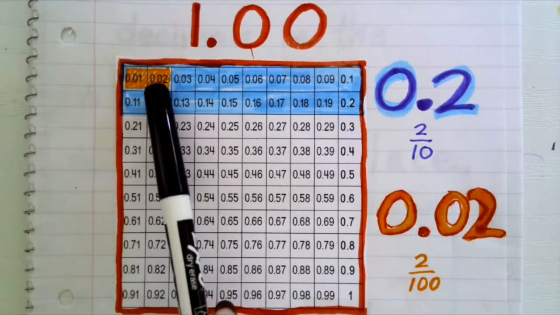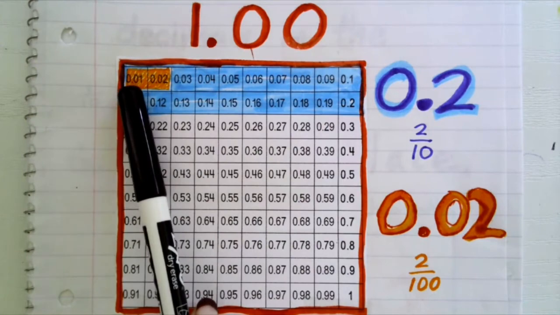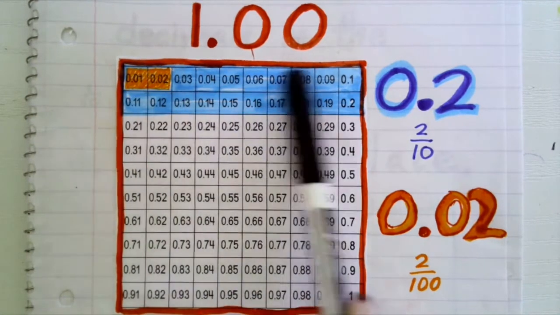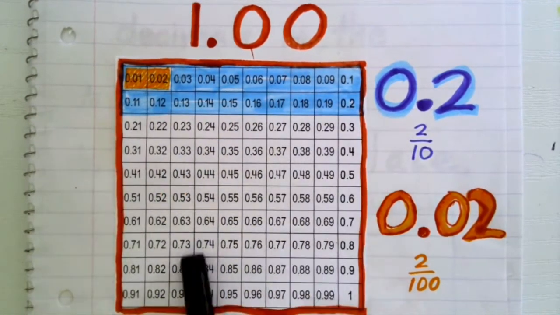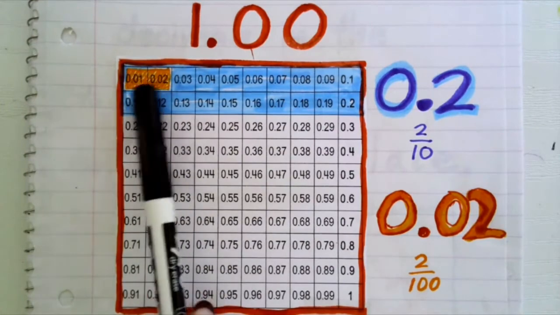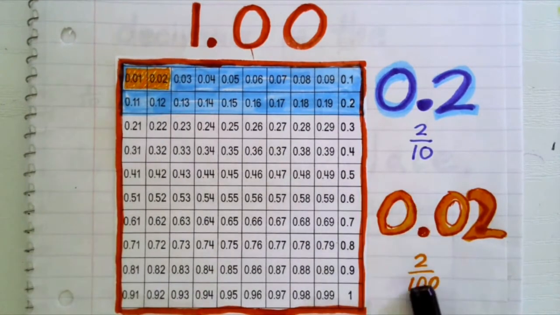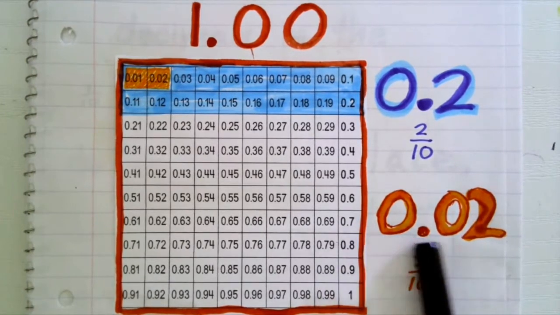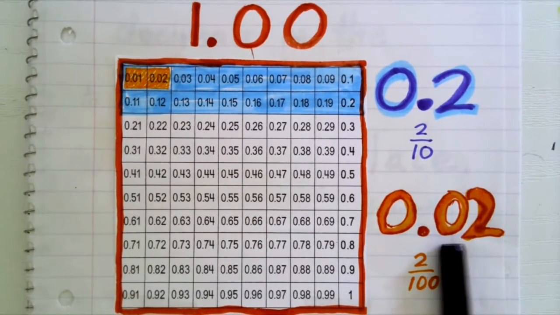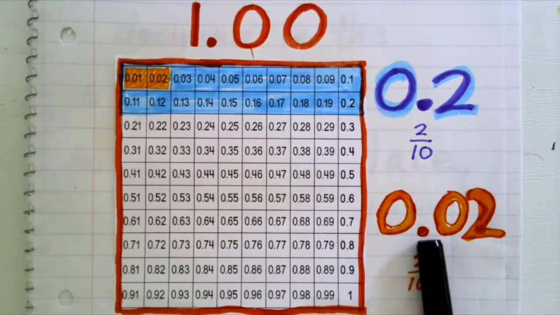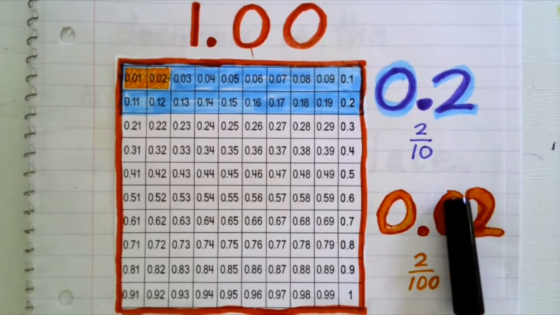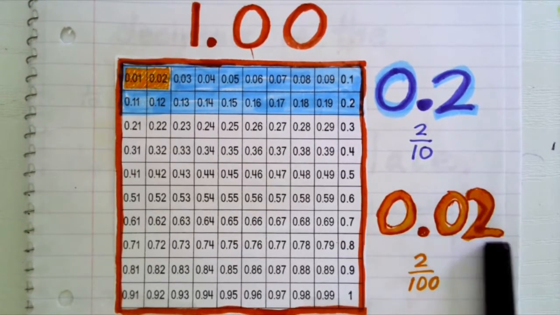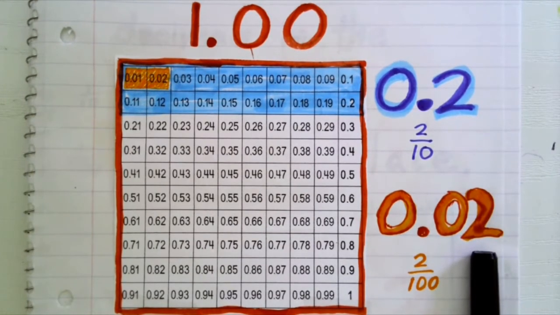These little tiny squares are hundredths because there are 100 of them in one whole. 2 of them would be 2/100ths. Here is how it is written as a fraction, and here is how it is written as a decimal, with a 0, a decimal point, a 0 in the tenths place, and a 2 in the hundredths place.